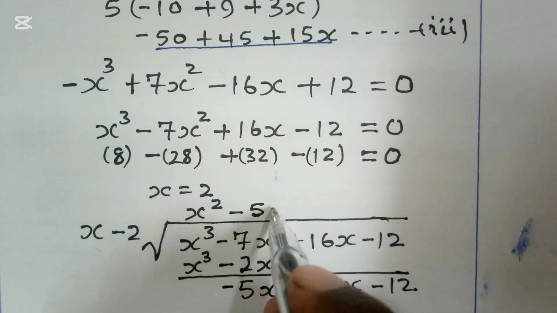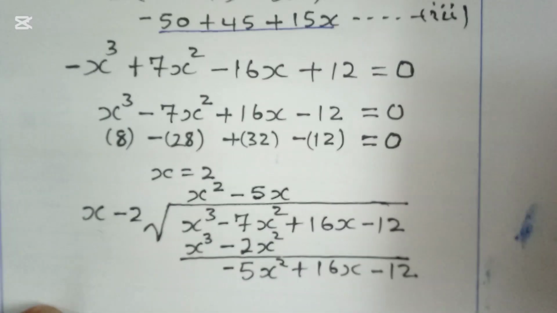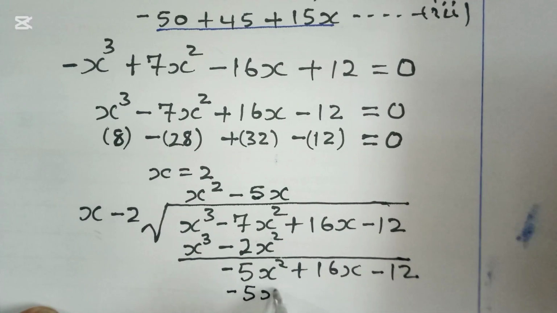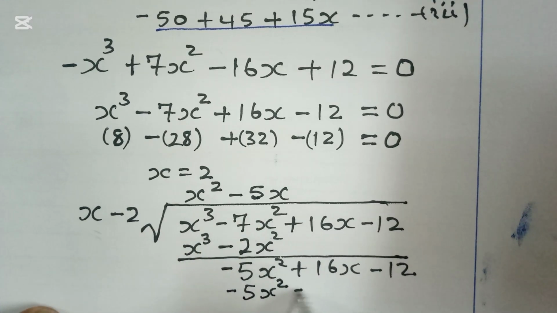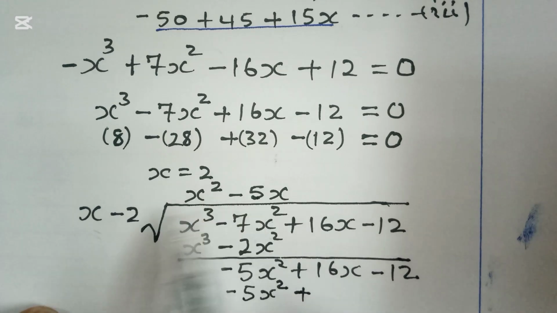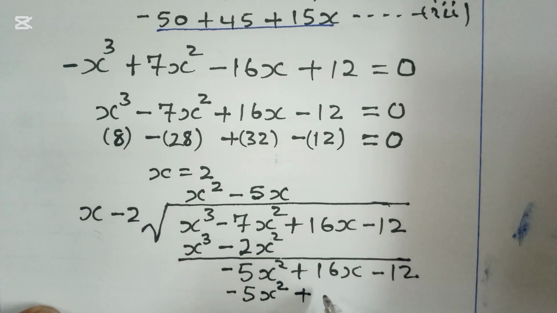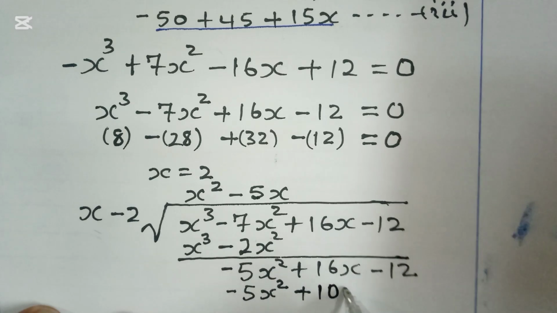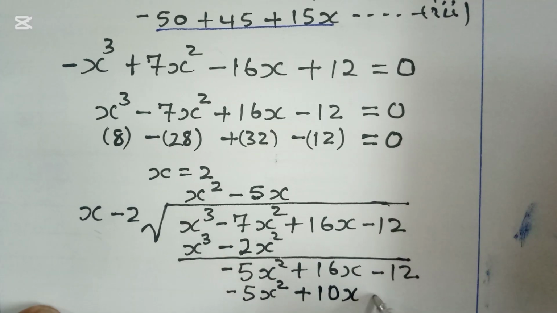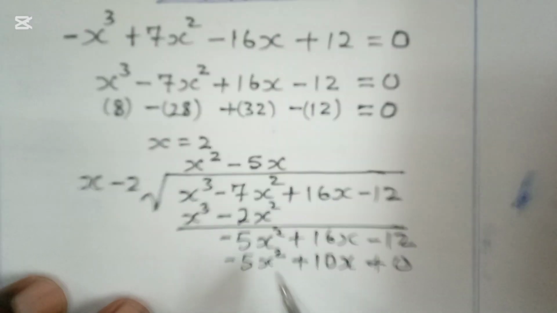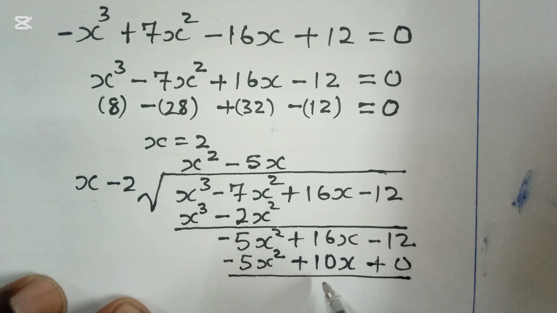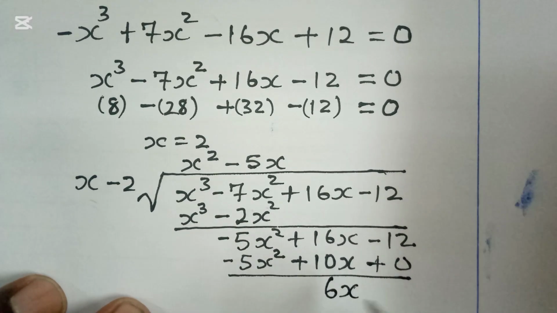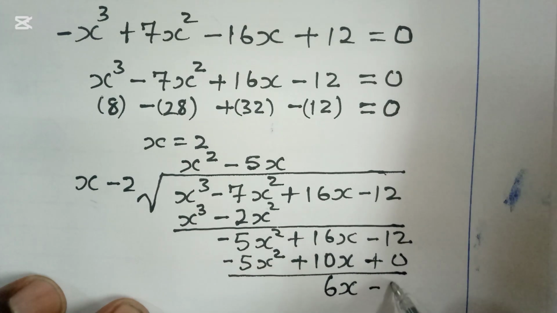So choosing minus 5x will give me minus 5x squared, and then we are going to have plus minus 5 multiplied by minus 2, which is 10x, and this one is now going to be 0 here. So guys, if I subtract that, I will get 0, 16 minus 10 is 6x, and this is going to be minus 12.